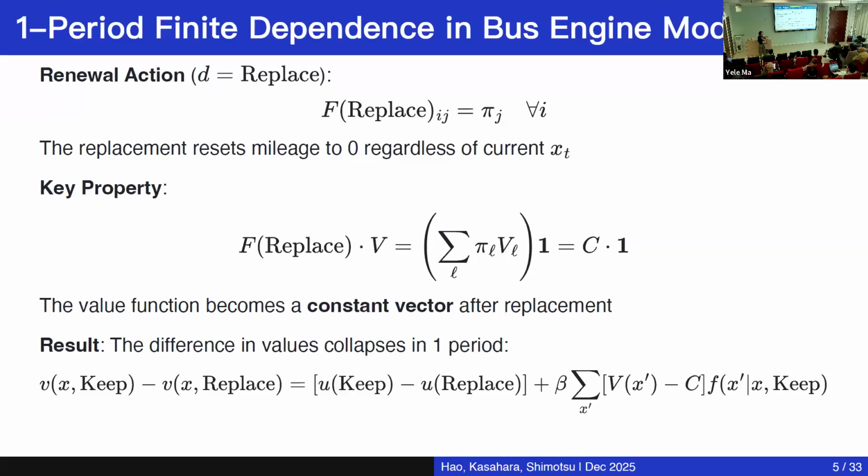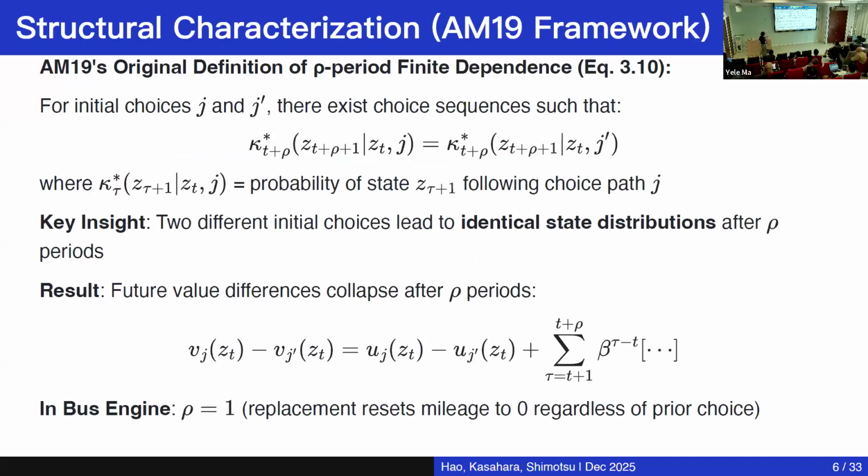And the finite dependence estimator developed by Bob and coauthors in 2011 uses that characterization. And there's an additional paper by Bob and coauthors, the 2019 QE paper.